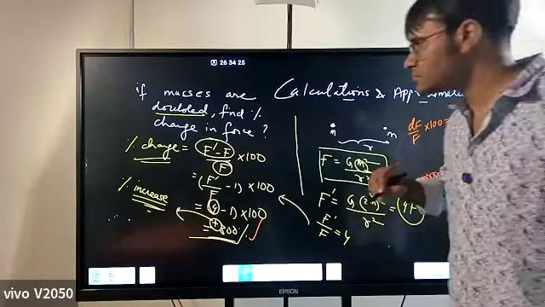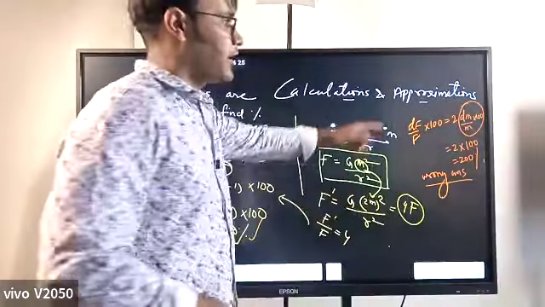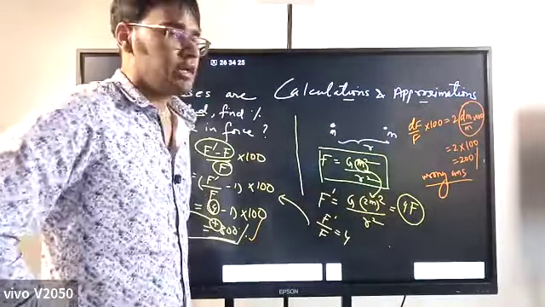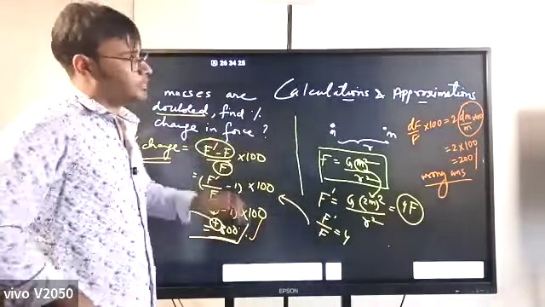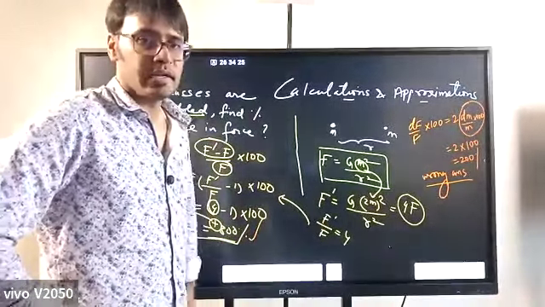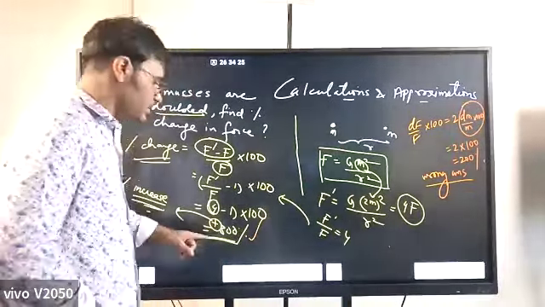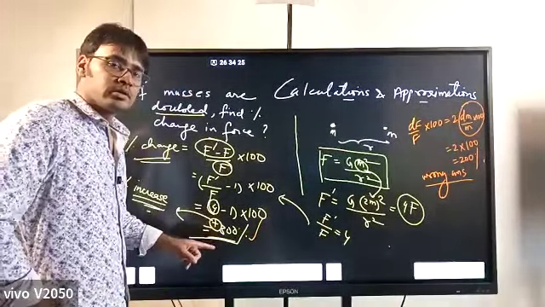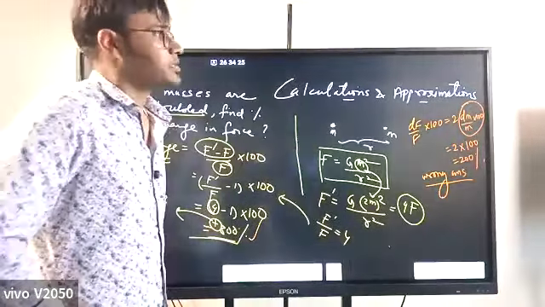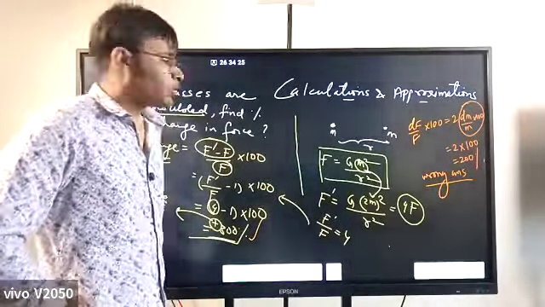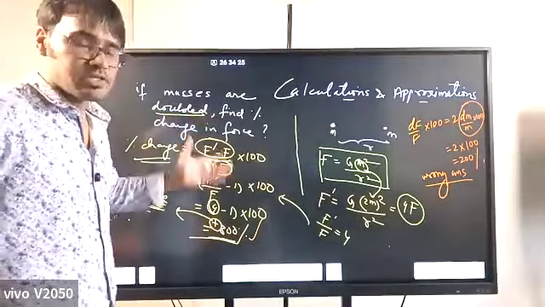Why? Why did I write dm by m into 100 as 100? Because if masses are doubled, the percentage change will be 100. So 100 into 2 will become 200, but the actual answer is 300. So here it is not a good approximation. Why? Because we have a big change. Masses are doubled.